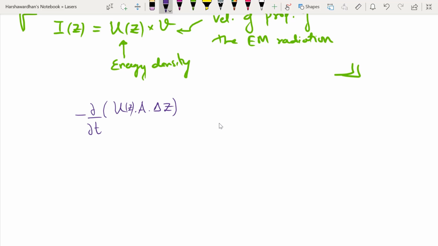The negative sign tells me it is leaving the volume, and this quantity should be equal to the above, which is dou by dou Z of I nu at Z times A delta Z.